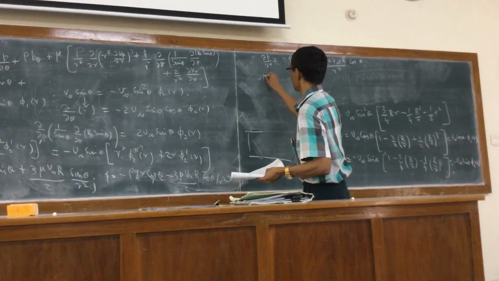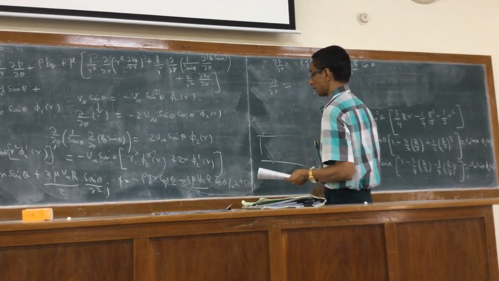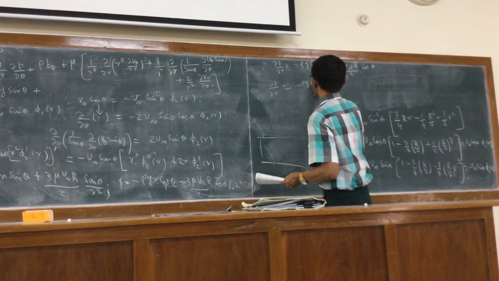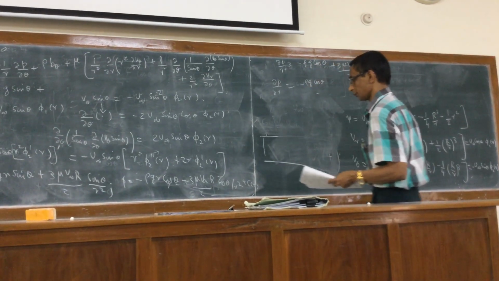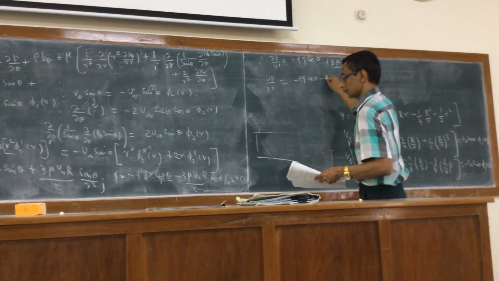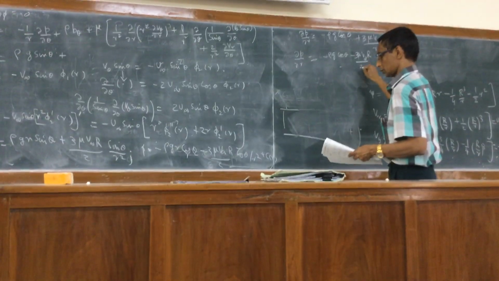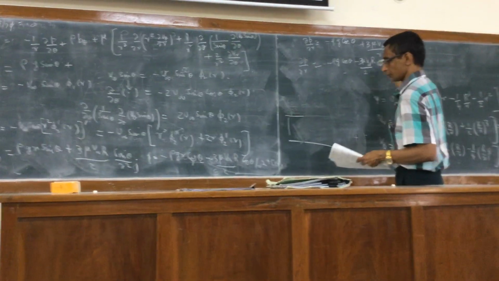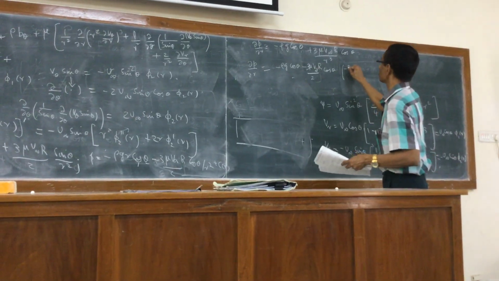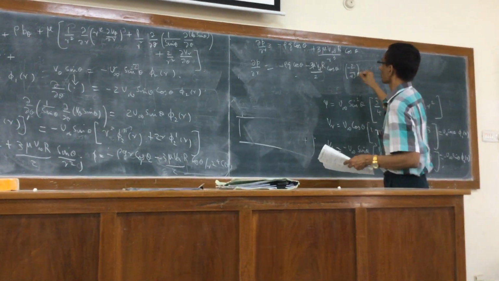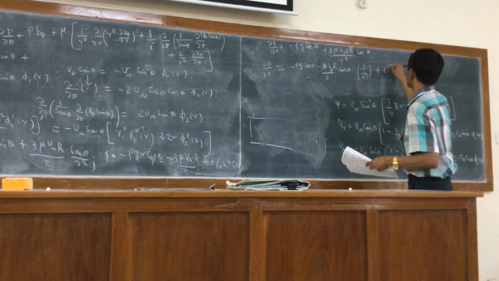So dp by dr from this is minus rho g cos theta, and then minus 3 cos theta times minus 1 over r squared. The derivative is minus 2 by r cube, this is what I have, plus c prime of r.